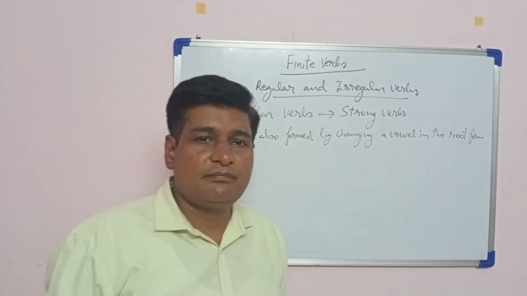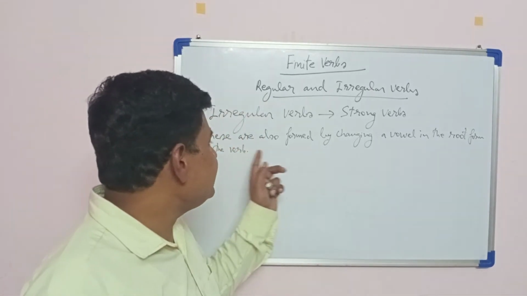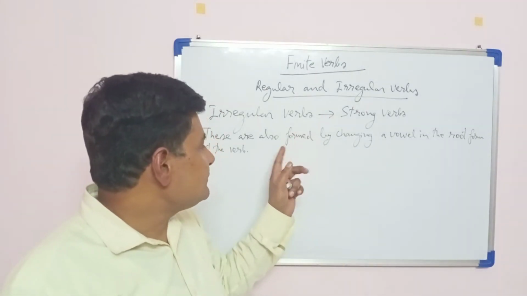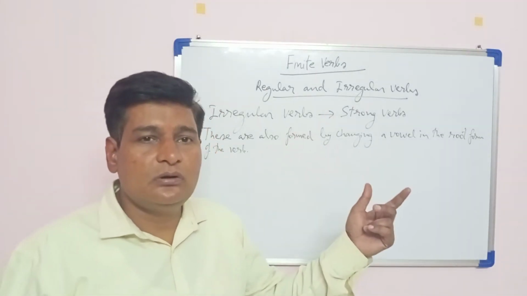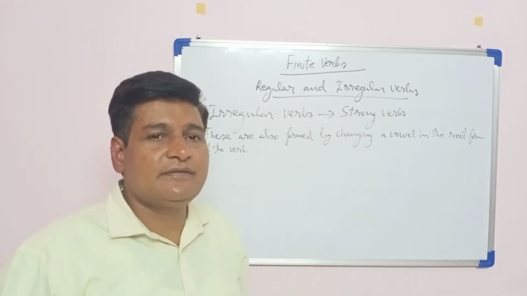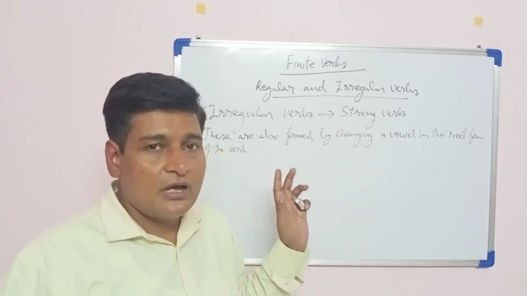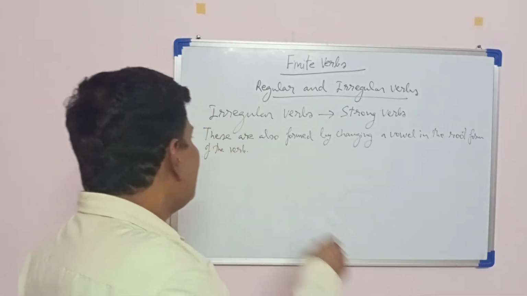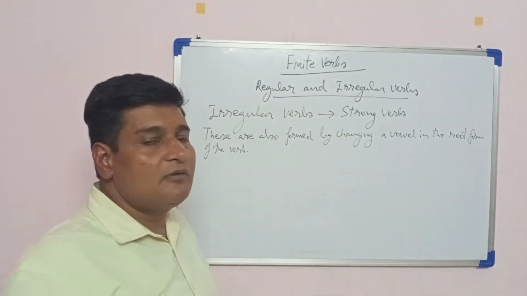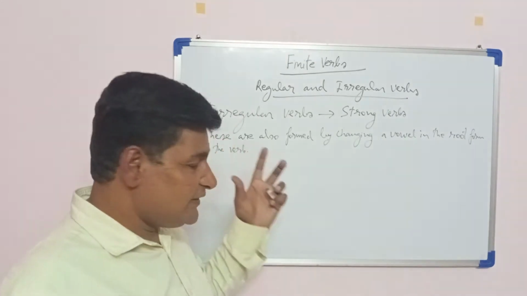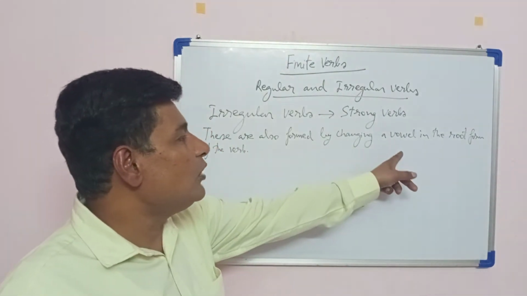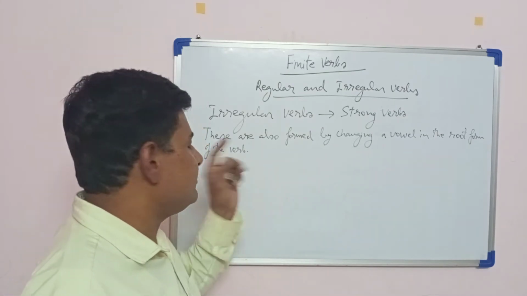There are various methods of writing the different forms of an irregular verb. These don't follow a certain rule. So there are three methods of writing these verbs, or we can say there are three types of irregular verbs. And some irregular verbs are also formed by changing a vowel in the root form of the word.